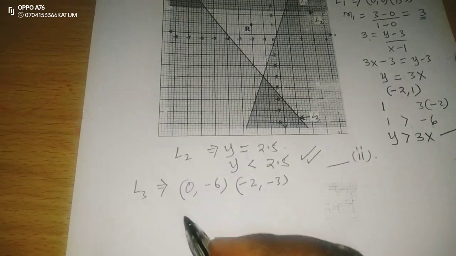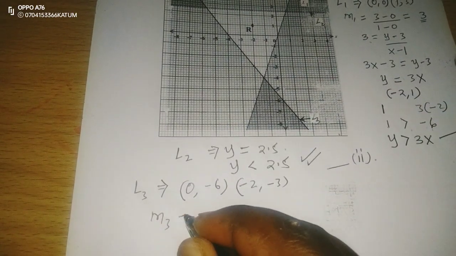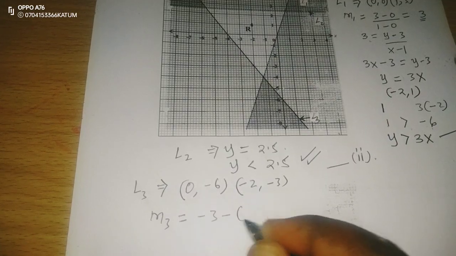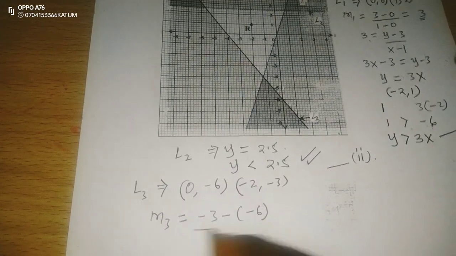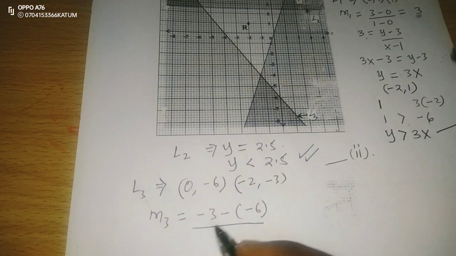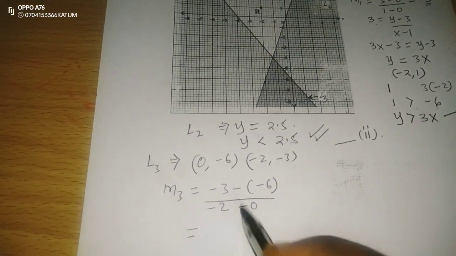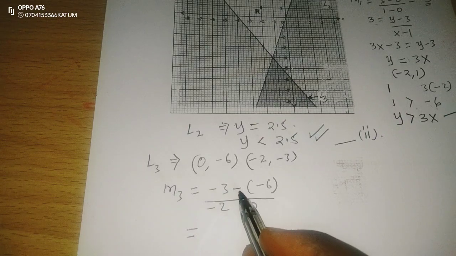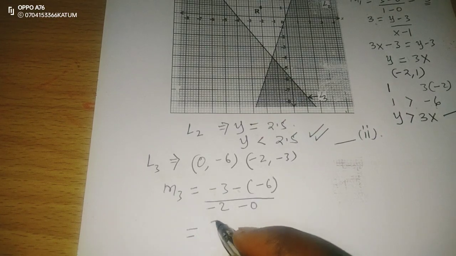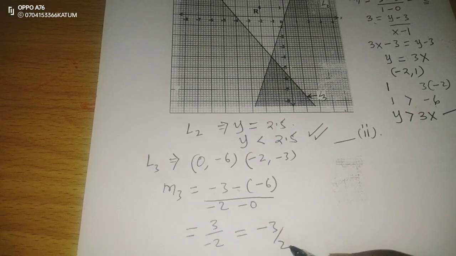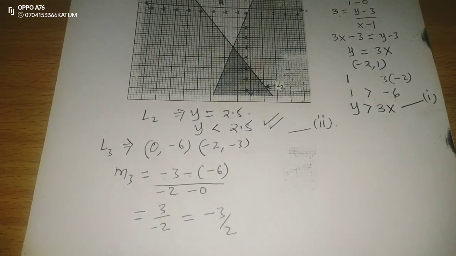So now we can get the gradient for the third line. This is going to give us negative 3 minus negative 6, then I divide by negative 2 minus 0. This is going to give us 3 out of negative 2. So we get negative 3 over 2 as the gradient for this borderline.